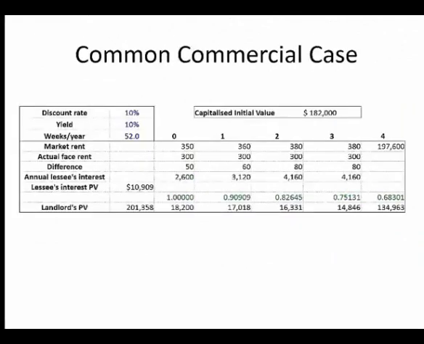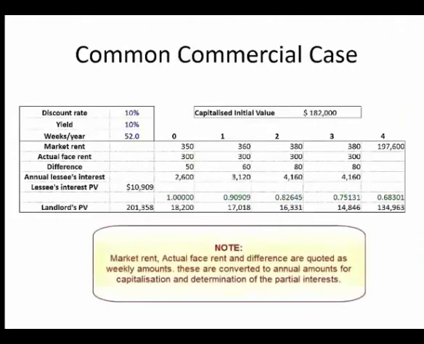Let's move on now. In the study guide, there is this example. I've laid it out in the spreadsheet, and the spreadsheet is available to download off the Moodle site. And the purpose of this example is just really to show you a fairly typical situation. The idea here is that we've got a situation where the face rent, the actual lease rent, has been stuck at $300 per week, and so that's not changing.